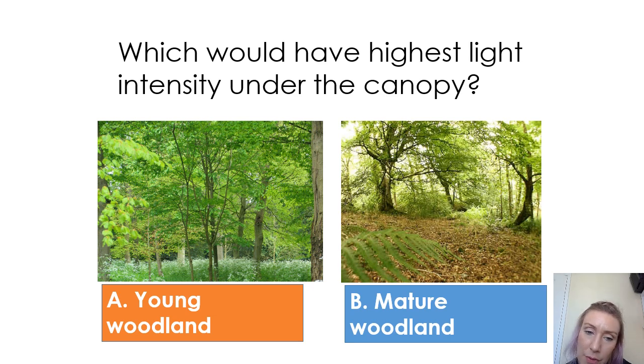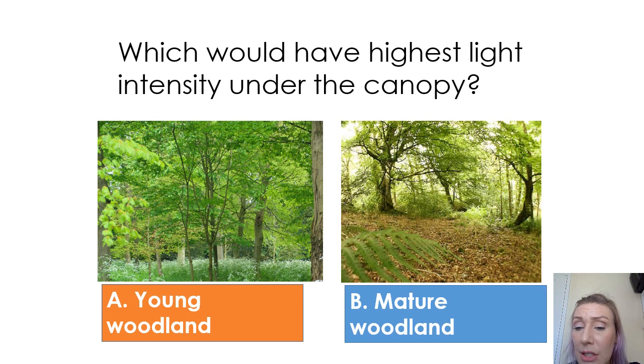Can you see on the forest floor how there are plants growing? Whereas in the mature woodland, there's nothing really, only specially adapted shade tolerant plants are able to grow. That's because the mature woodland has a much more dense canopy, so less light is available to those plants underneath. As we'll look at in the next topic, during photosynthesis, plants absorb red and blue light predominantly.